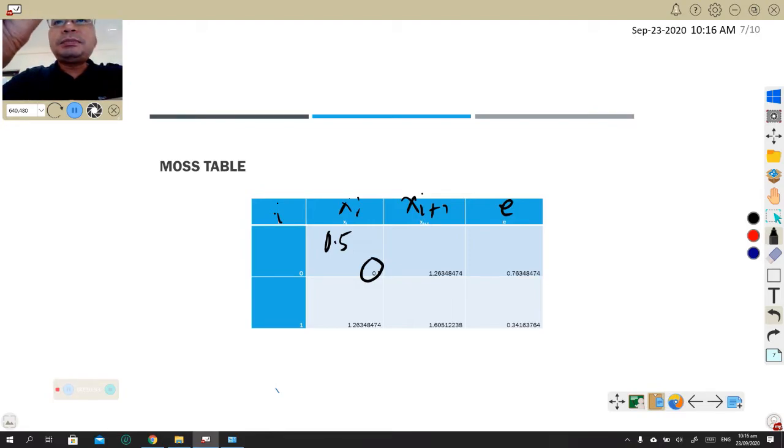So in xi plus 1, in step number 3, it is said that the derived value of x will be the next value of x. So that's why we have here the next value of x, which is 1.2634847.